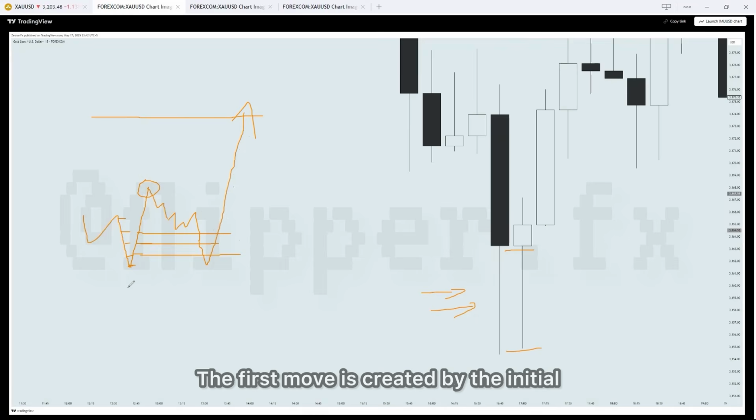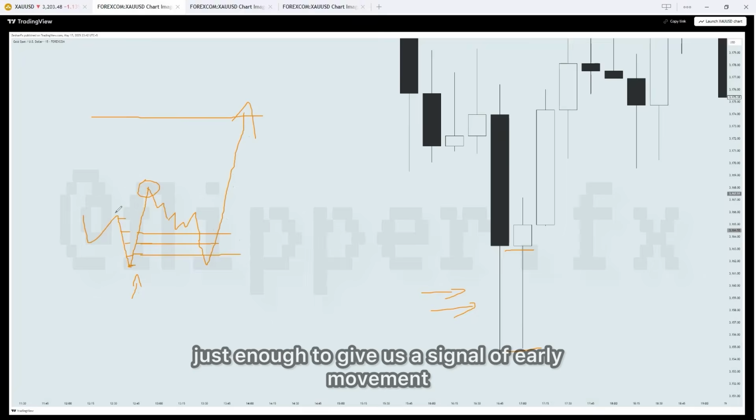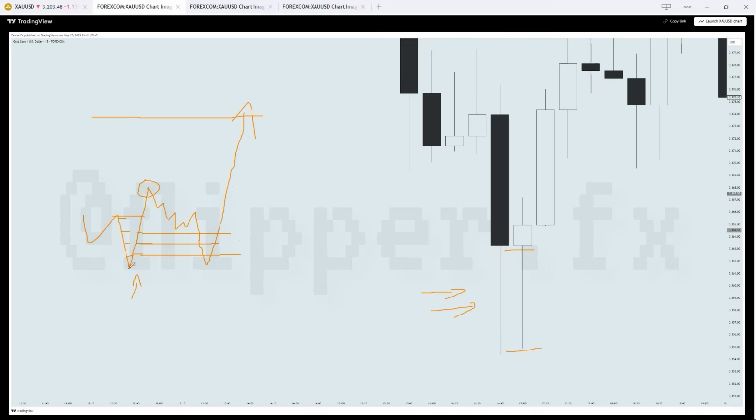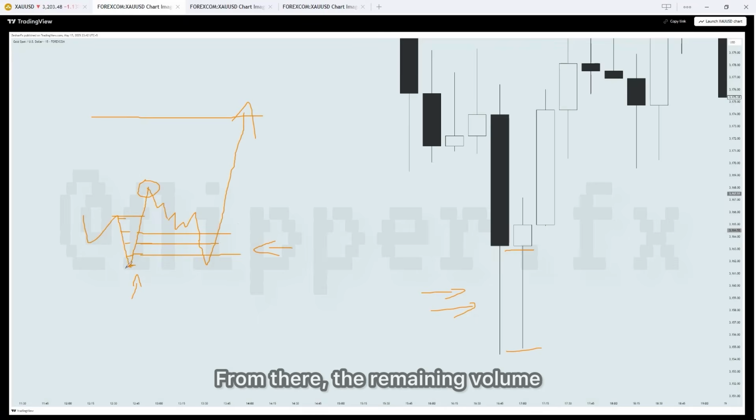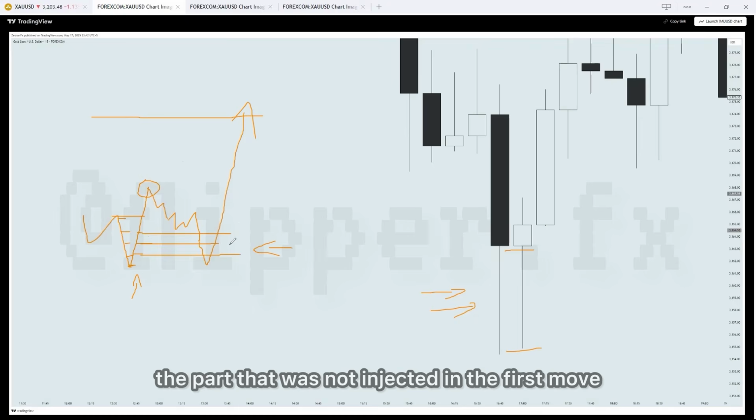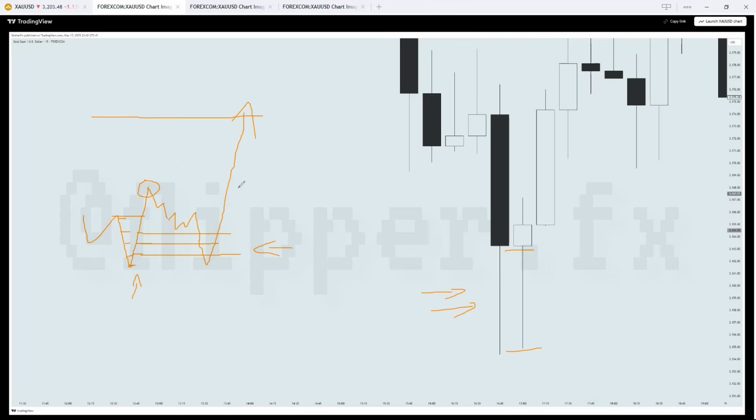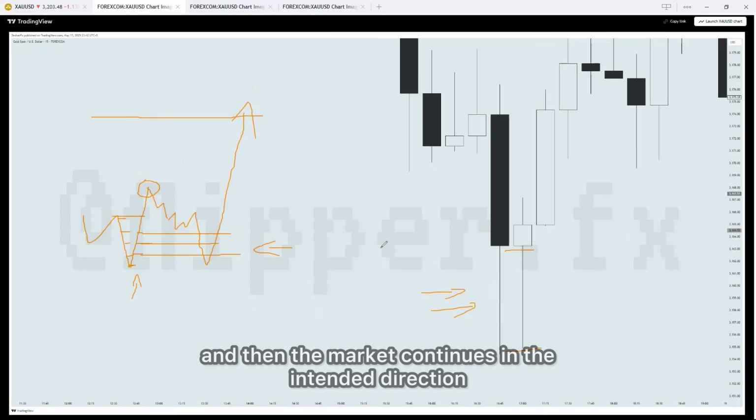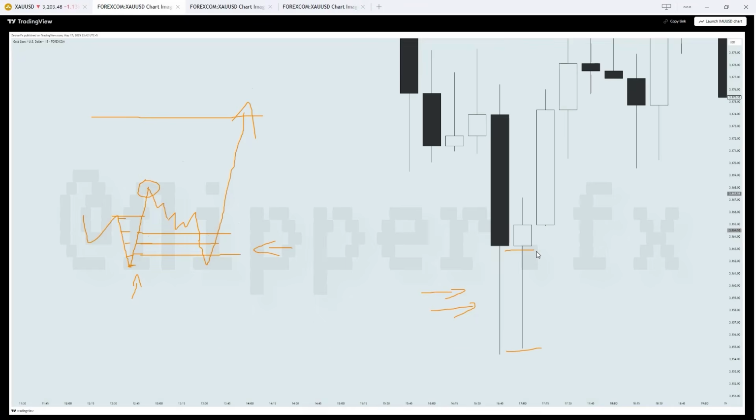The first move is created by the initial rejection of liquidity, just enough to give us a signal or early movement. Then the market pulls back and revisits the same area where volume was first injected. From there, the remaining volume, the part that was not injected in the first move, gets picked up again, and then the market continues in the intended direction.